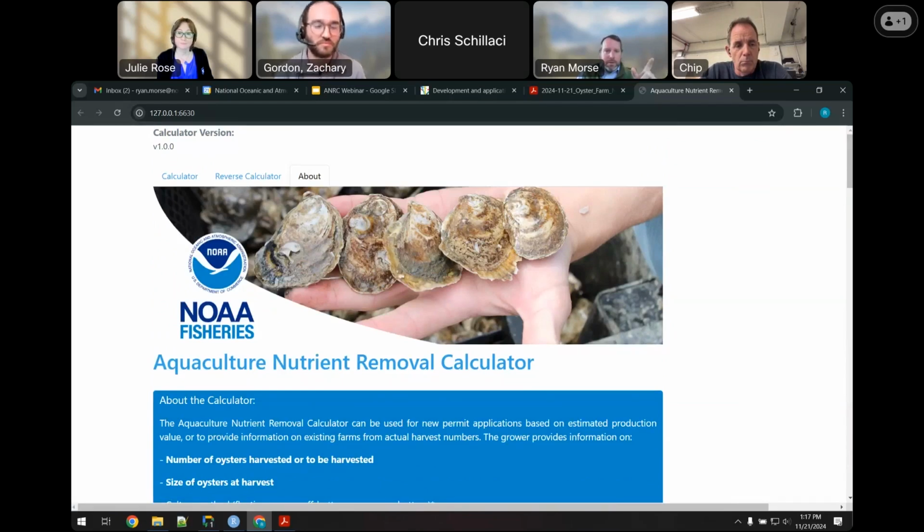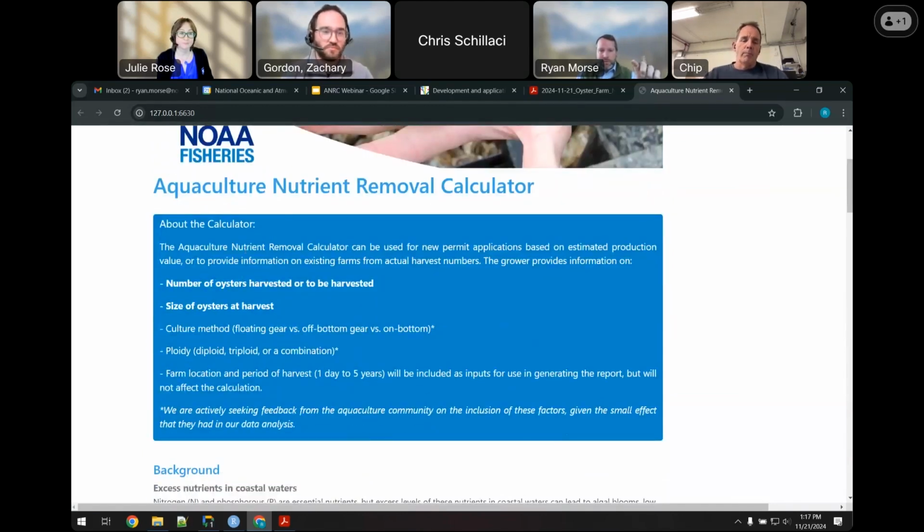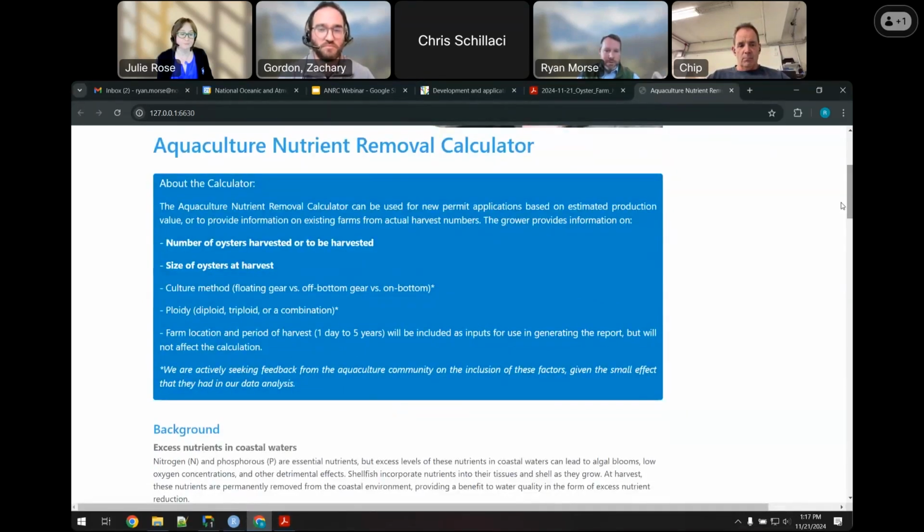So on the About tab, just as a general FYI, these big blue boxes have the instructions for the tools and all the pertinent information that you're going to want to see. But this one lays out at the very start the 2 inputs that really have the effect on the calculation. So that's the number of oysters harvested and the size of the oysters at harvest.